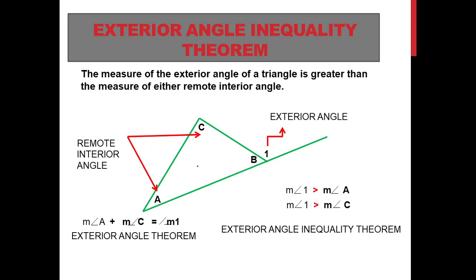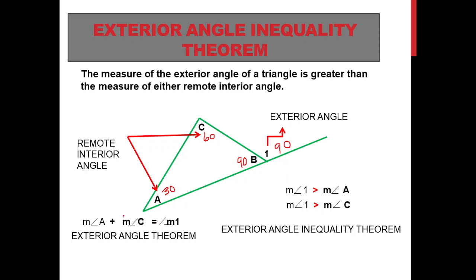So for example, if I have a value here of 30 and this one is 60, so my angle B here will be equal to 90, right? So I have 30 plus 60, 90, plus 90 is equal to 180. And of course, since angle B is adjacent to angle 1, then they are supplementary angles. Therefore, my angle 1 will also be equal to 90 degrees.